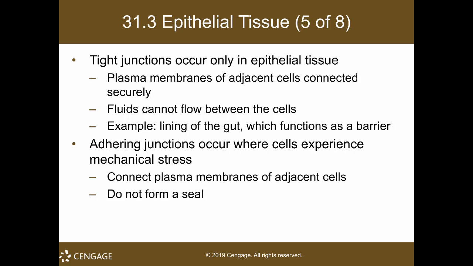Tight junctions occur only in epithelial tissue. If you remember the lecture about cells and their specialized structures, there are three types of junctions: tight, adhering, and gap. The tight junctions are the waterproof junctions. They occur only in epithelial tissue because you need them to be waterproof. The plasma membranes of adjacent cells are connected securely, so fluids cannot flow through, hence they are waterproof.